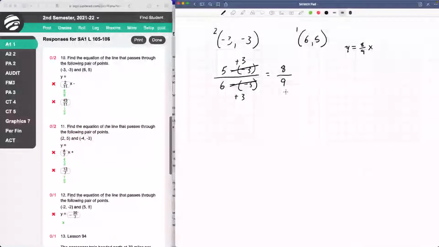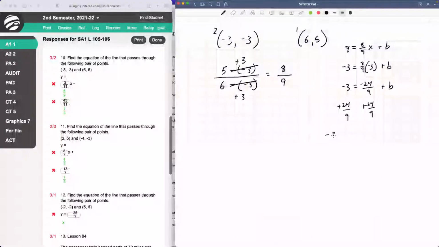Now we're going to take one of these points and substitute it in here to find our b. I'm going to use -3. -3 is equal to 8 over 9 times -3 plus b. So -3 is equal to -24 over 9 plus b. I'm going to add 24 over 9 to both sides, and I'm going to turn this into a denominator with 9, so I'm going to multiply the top by 9.